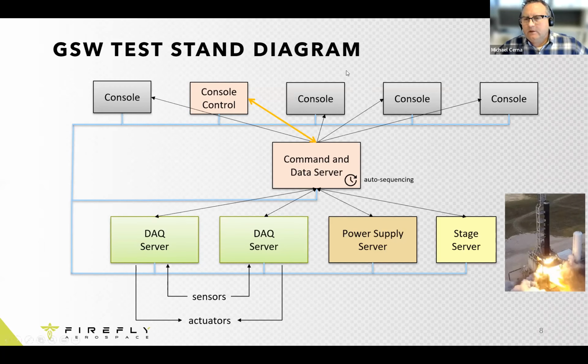Shown in the middle here, these primary servers now need the ability to auto sequence. Whatever the test operator may have manually controlled during the early phases of test, we often then have to create an auto sequence script to automate the test under more rigorous sets of data control that a single person cannot perform adequately.